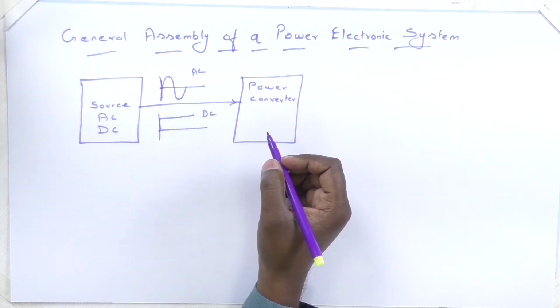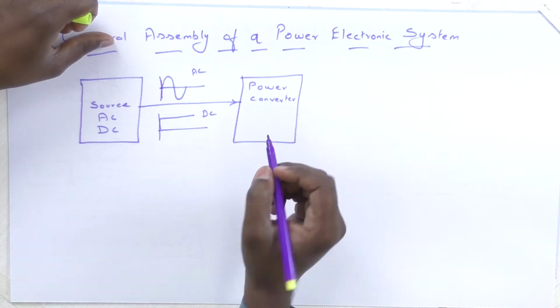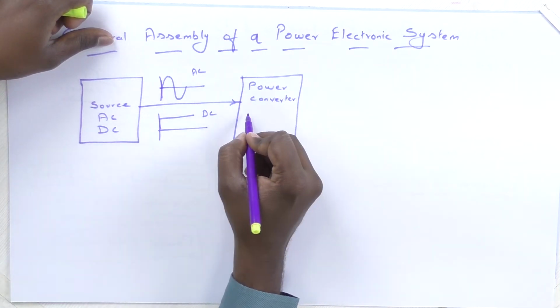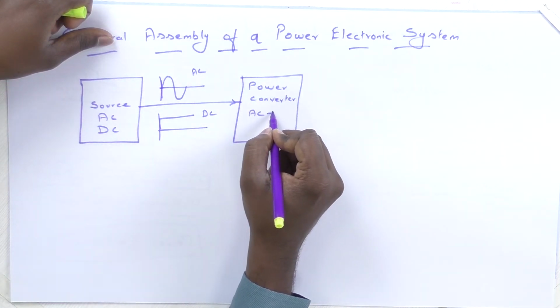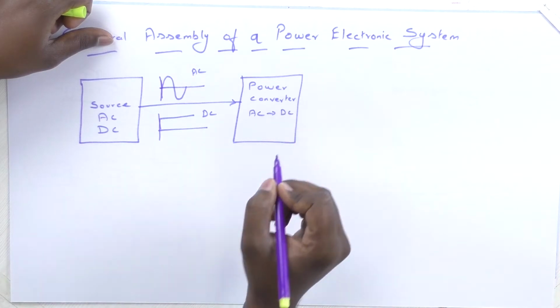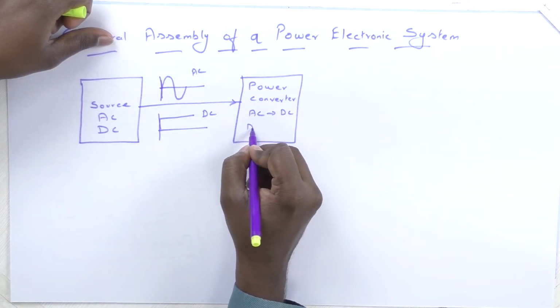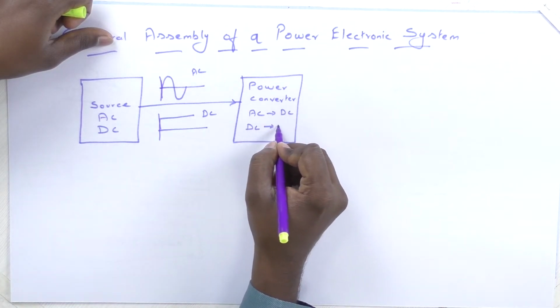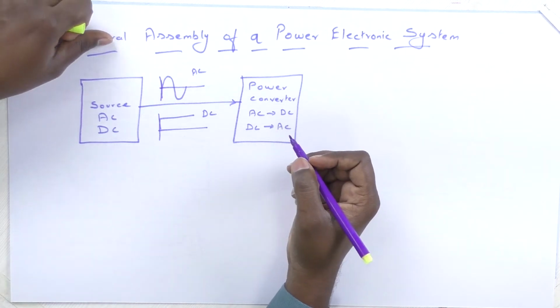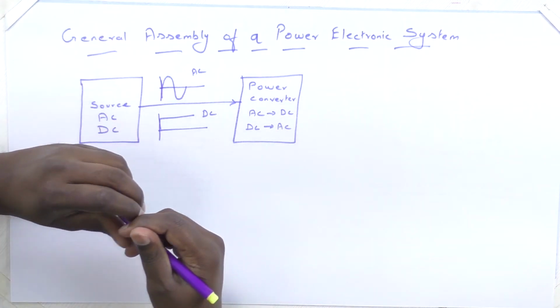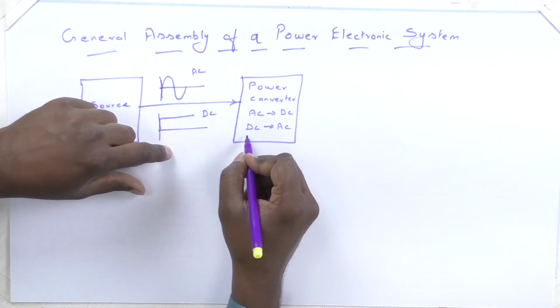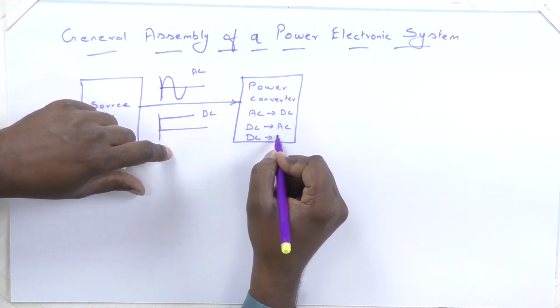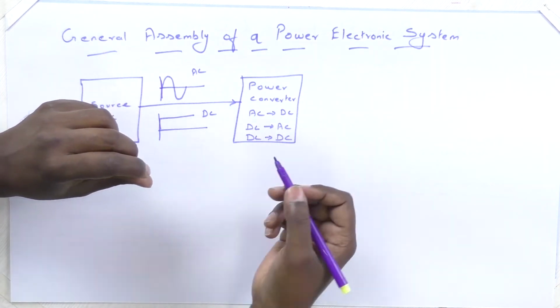So for this power converter, the input might be an AC supply and I might have to convert it to DC, or the input might be a DC supply and I might have to convert it to AC. There are names for these things. We call them converters, choppers. It might be DC to DC, or AC to AC.